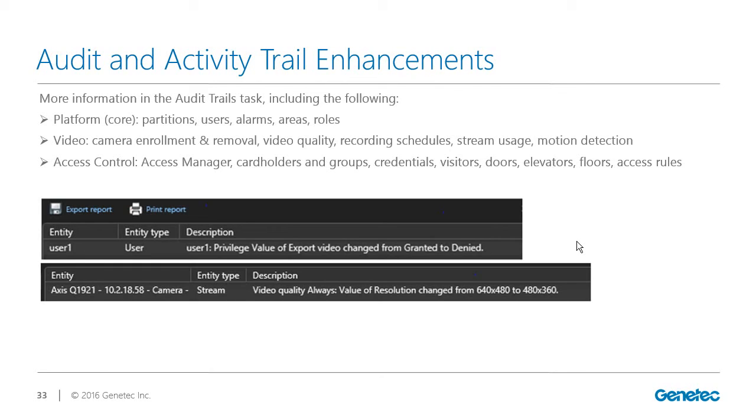So a lot of effort has been put here to get more information to you to see what's going on in your system and what the users are doing. Another example here, we have our camera, and on the always schedule for the video quality, the resolution, we can see the change was made there. So again, not just, hey, something changed, it's really giving you a lot of details here.